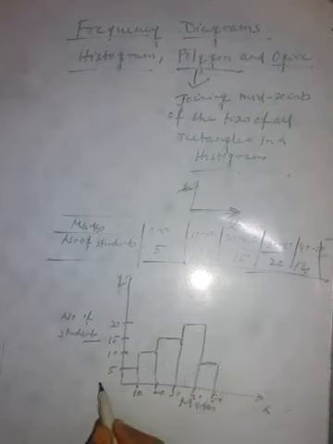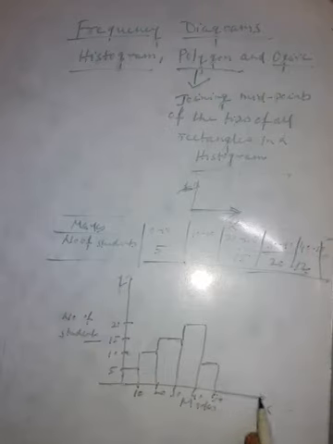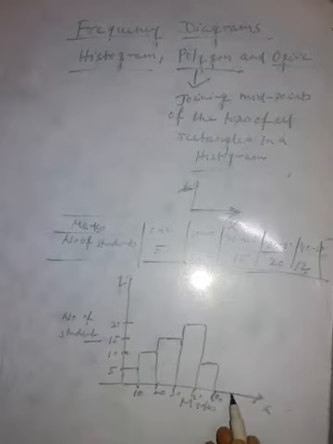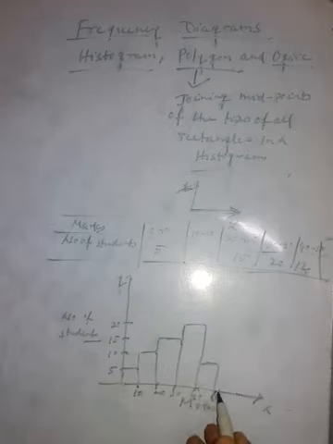While drawing a polygon, we must continue the next class interval on the basis of the previous class interval. Here the class interval is 10, so we should continue one more class.